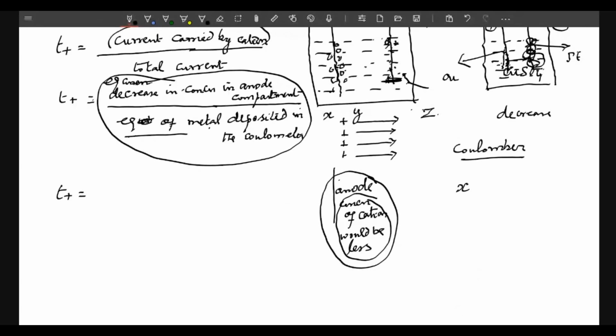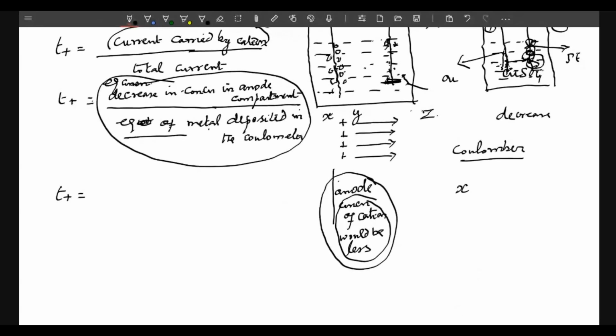Here the X value is higher, the initial concentration, and the Y value would be lower, because the anode is a platinum electrode. Therefore, no metal will be released from it. So for an inert electrode, we put the initial concentration minus the final concentration, divided by Z, which is the equivalent weight of the metal deposited.